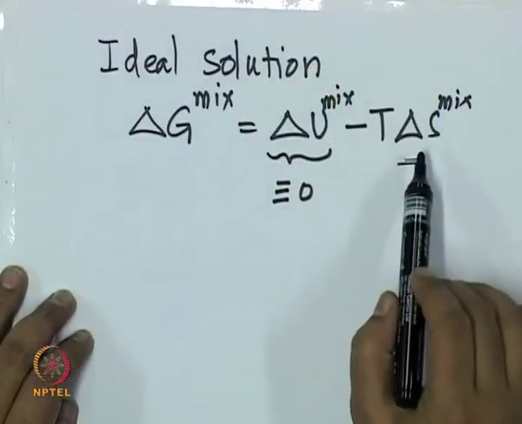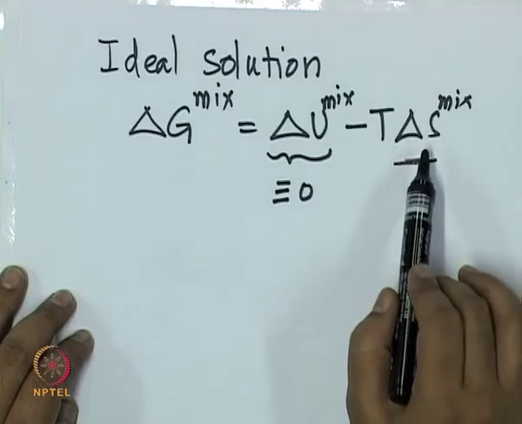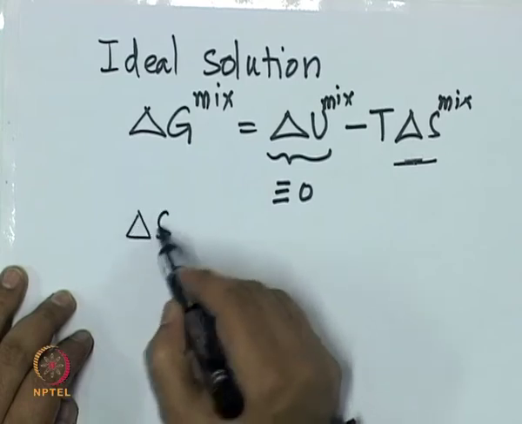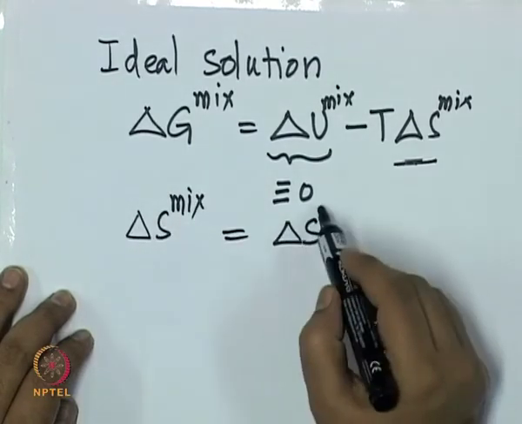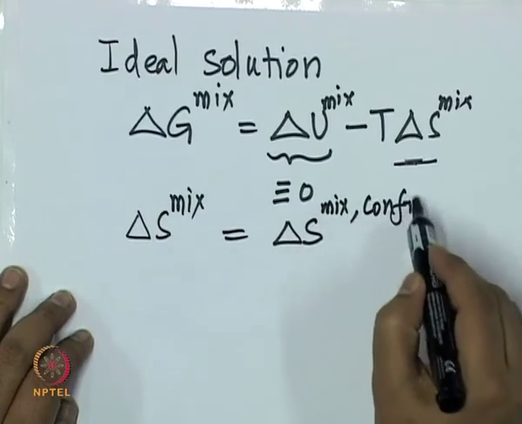So, the entropy associated with these different configurations is known as configurational entropy, and most of the times, we will concentrate only on the configurational entropy differences. So, the delta S mix becomes nothing but the delta S mix of configurational entropy.